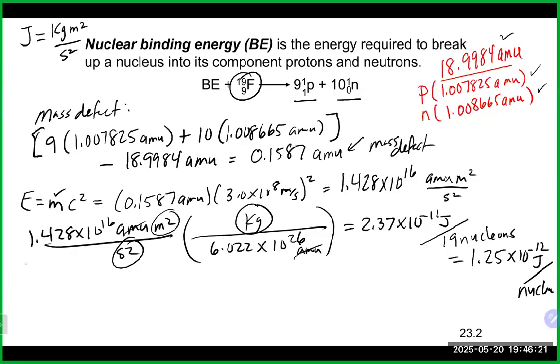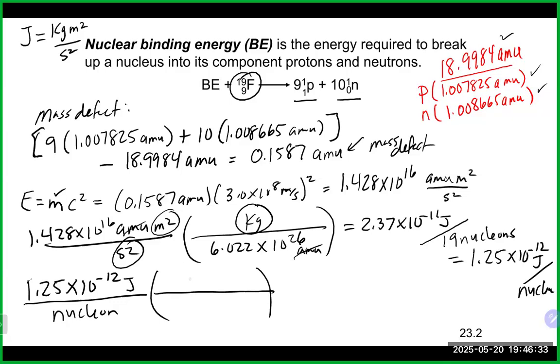Now, if I wanted mega electron volts per nucleon, I could do a couple of things. I could, at this point, just use our joule to mega electron volt conversion that we saw on the previous page, where 1 mega electron volt is equal to 1.602 times 10 to the minus 13 joules. The joules would cancel, and that was a conversion that was on the previous slide.